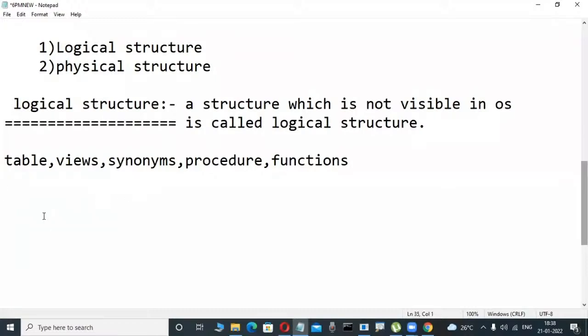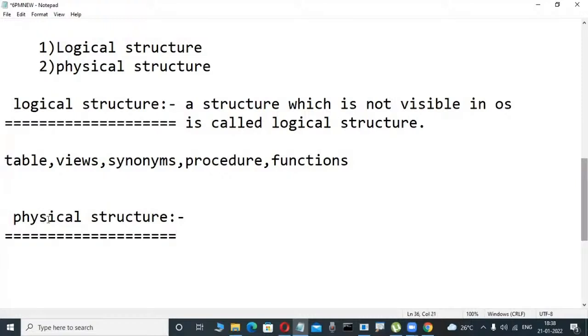Now observe here. What is a physical structure? Don't write it. Just roughly observe it here. Just for the idea. What does a physical structure mean?